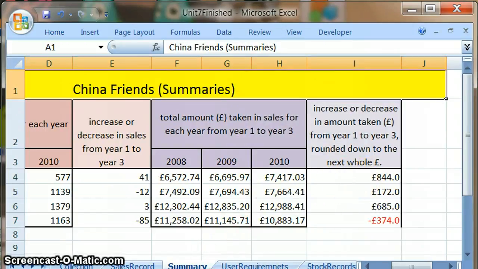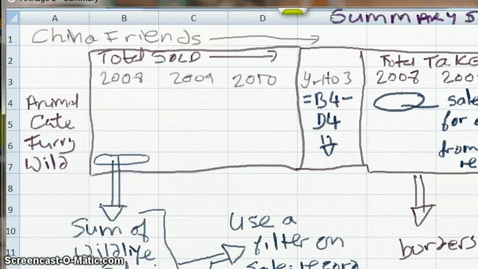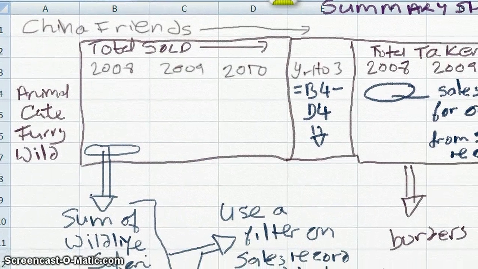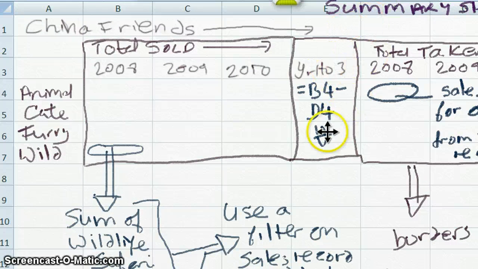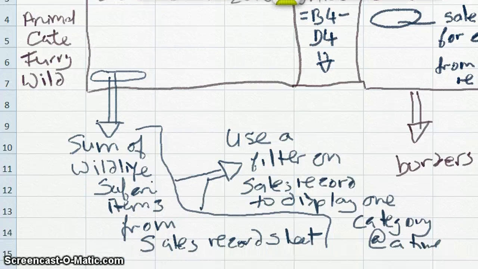So again, just to show you that we need to have a design sheet completed for the summary sheet, so I've just put here that this is going to be the sum of Wildlife Safari items from the sales record sheet, and I just put a note here: use a filter on the sales record sheet to display one category at a time.